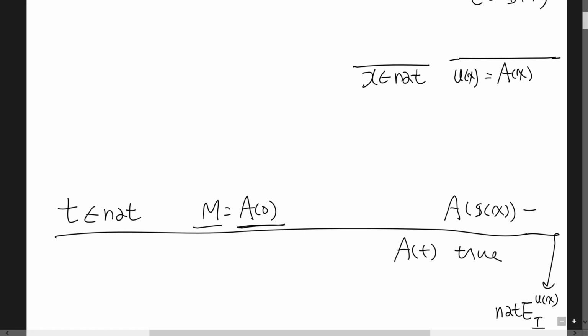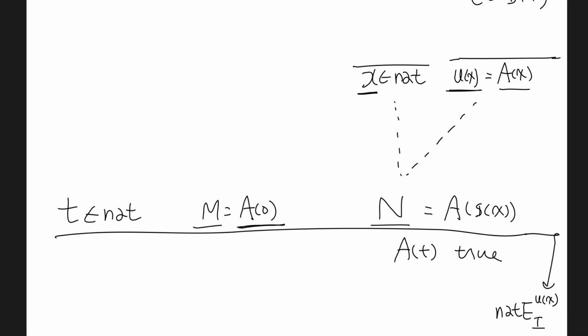And using this term variable x, and an ordinary variable u of x of type A of x, assume that we can find a proof term n. So of course, this proof term n may have references to this term variable x and this ordinary variable u of x.